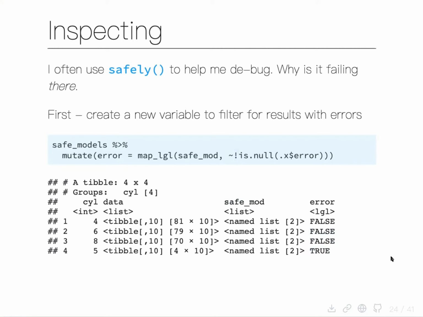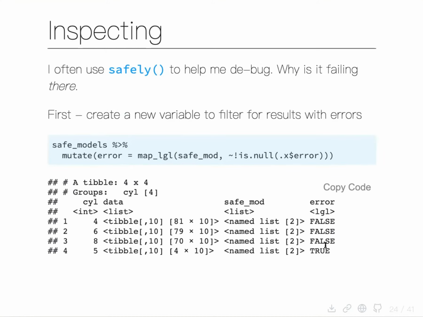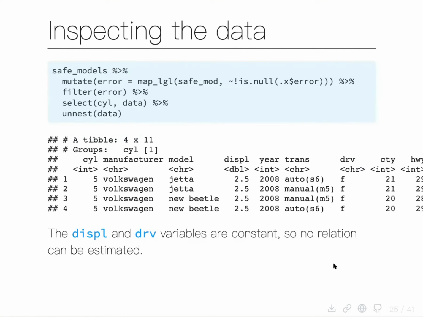Does that make sense? So here's that mutate, right? This is a logical: false, false, false, true. So I can then just pass filter to error, and it will return the rows that are true.